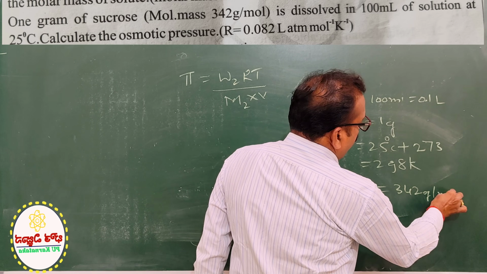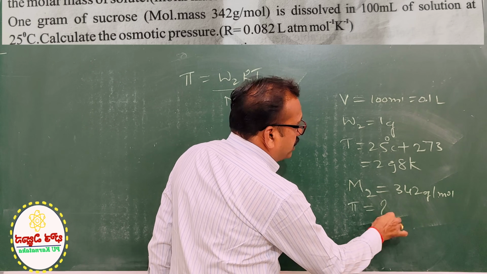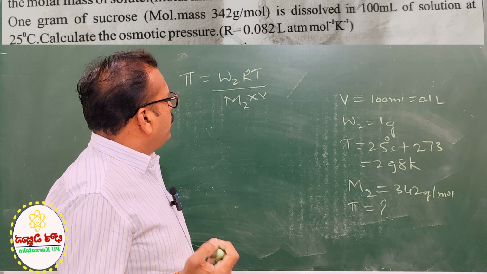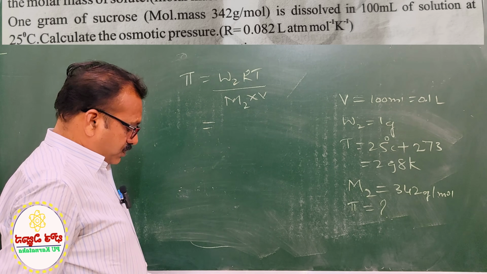per mole, right? And you have to calculate osmotic pressure. Here pi is the osmotic pressure, W2RT divided by M2 into V, you have to substitute values.